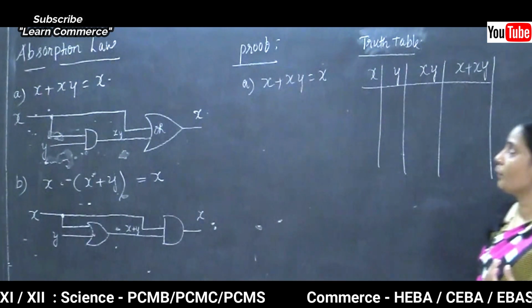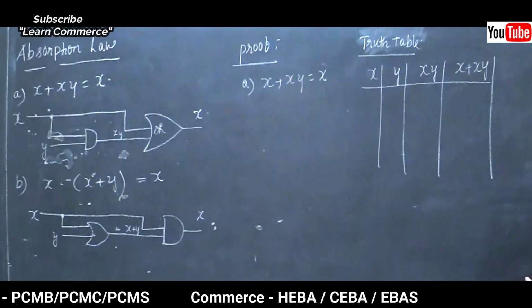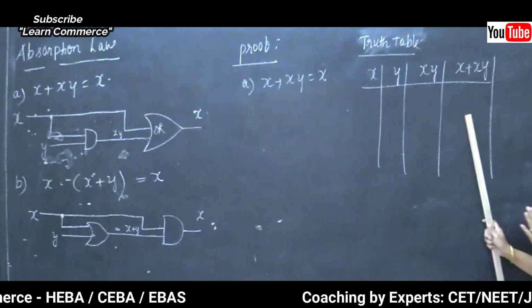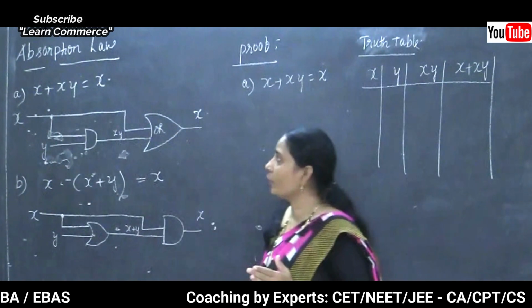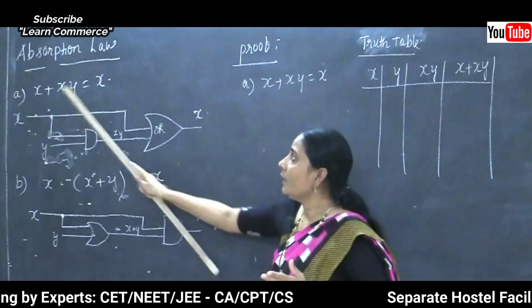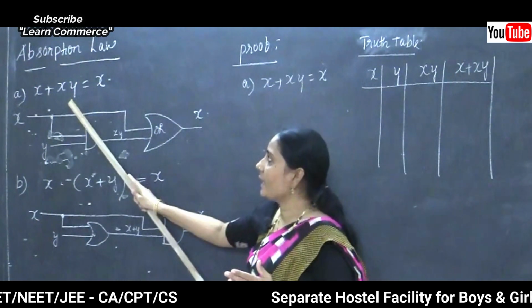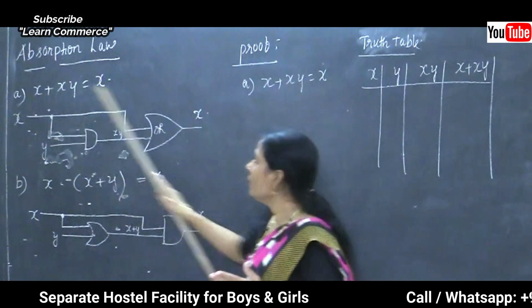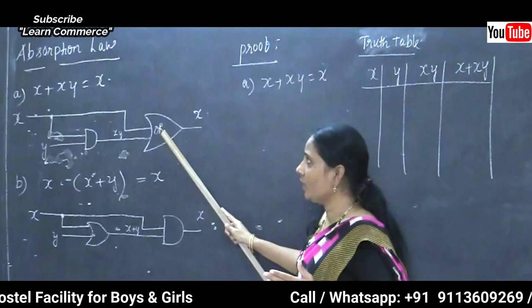Before going to prove x plus xy is equal to x using a truth table, first we are going to complete the symbol of the absorption law. The expression x plus xy is equal to x. So x plus means the OR operator.